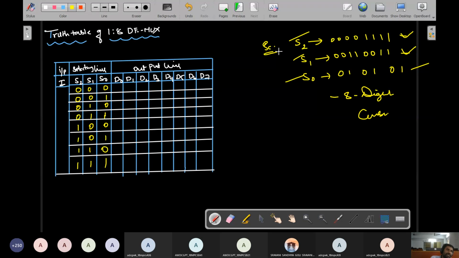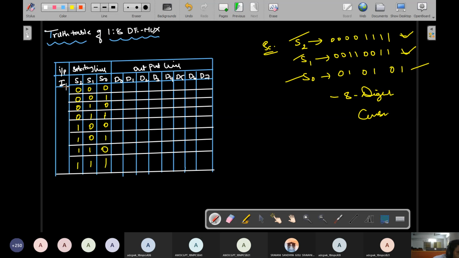S2, the last input terminal, is always written as 4 zeros and 4 ones. S1 represents 0, 0, 1, 1, 0, 0, 1, 1 up to however many terms. And S0 represents 0, 1, 0, 1, 0, 1. Using this trick you can easily write the 8 combinations.